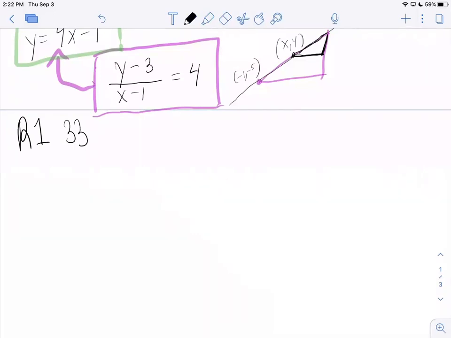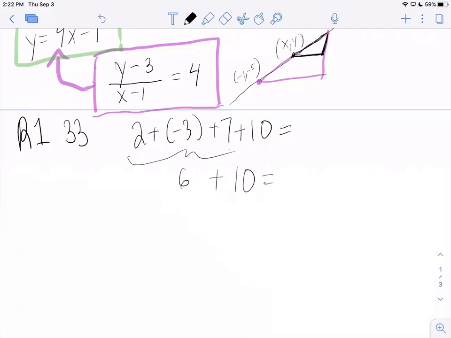This one is 2 plus -3 plus 7 plus 10. So you put all these pieces together. This is going to be -1 plus 7, which is just 6. So this comes out to 6 plus 10, and this will just be 60.